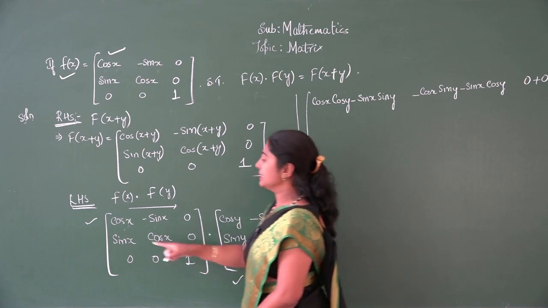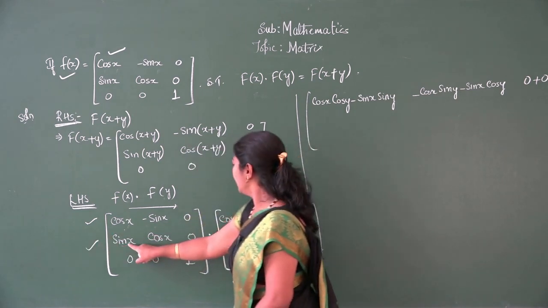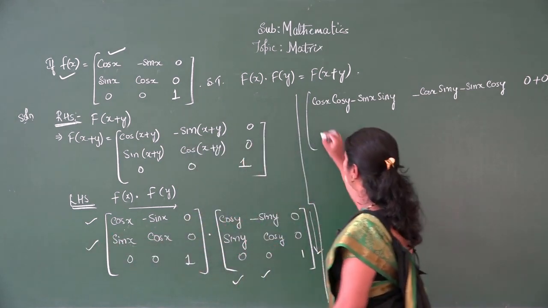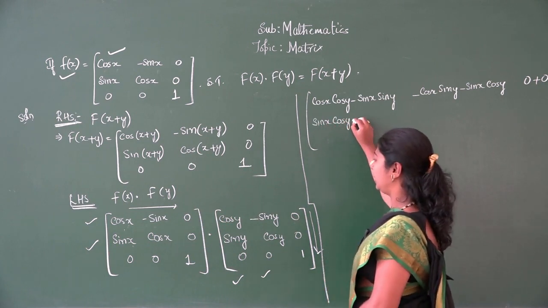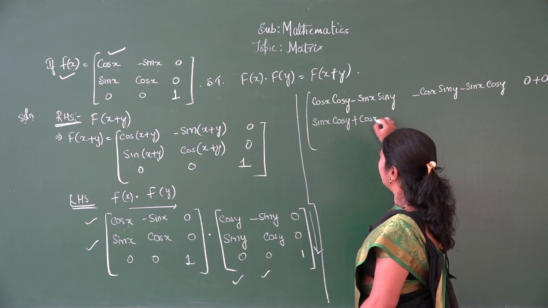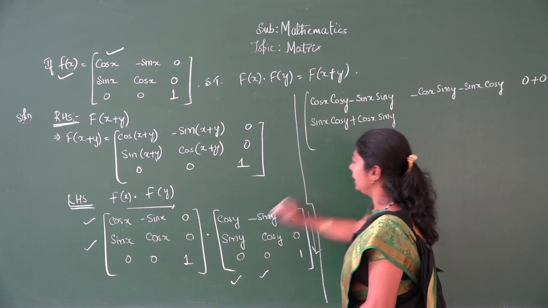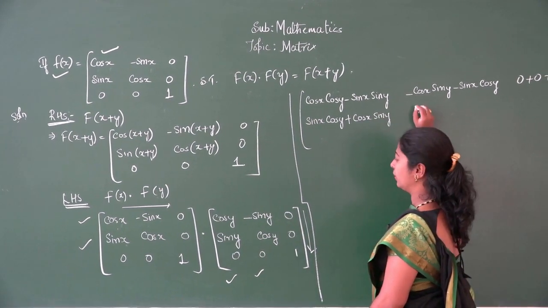Now, we will start off with the second row. That is sin x into cos y, sin x cos y plus cos x sin y, 0 into 0, 0 itself.